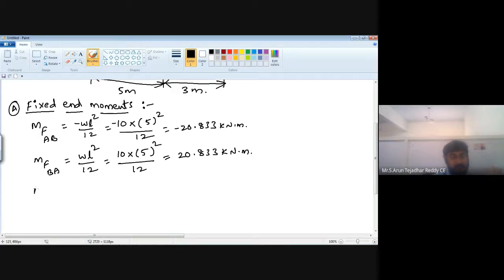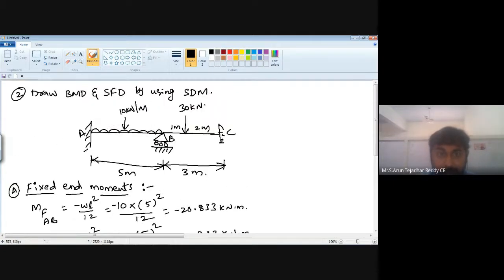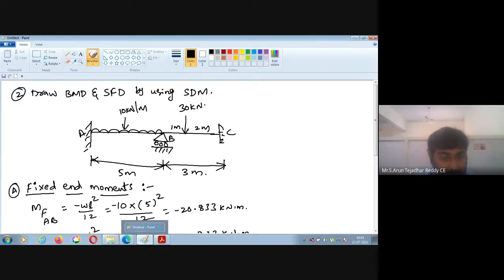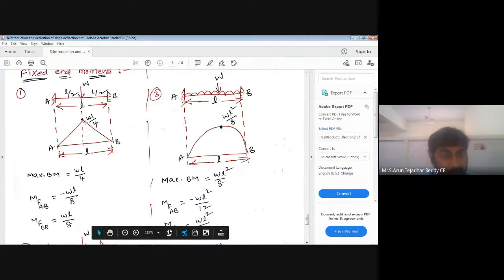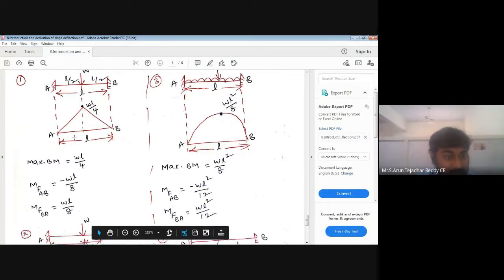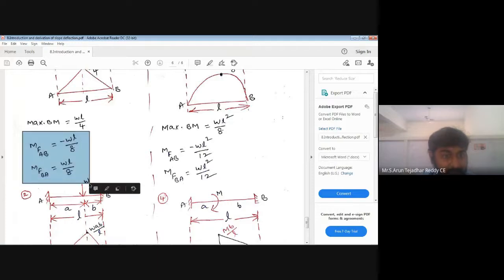Now consider the second span, that is MFBC as well as MFCB. For B to C, it is an eccentric point load. What is the fixed end moment formula for an eccentric point load? If it is a central point load, then the formulas are minus WL by 8 as well as WL by 8.